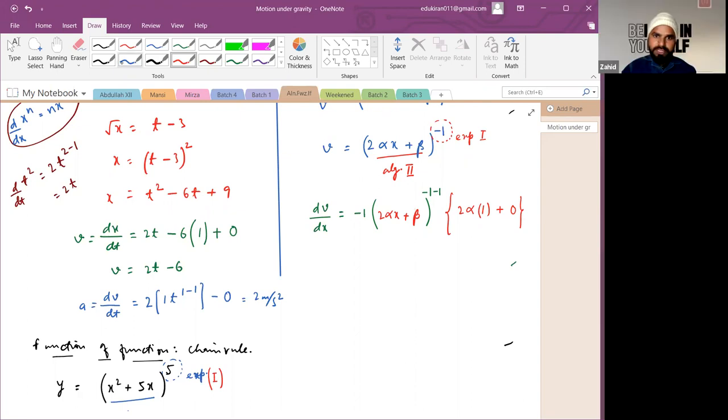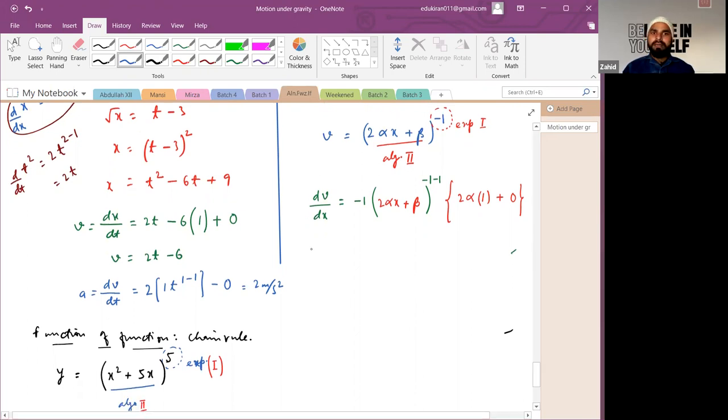Now we have to rearrange this particular term to get acceleration. In the last class, I defined that whenever you have velocity as an x-dependent function, acceleration would be equal to v times dv over dx.